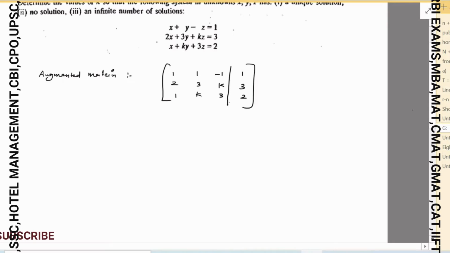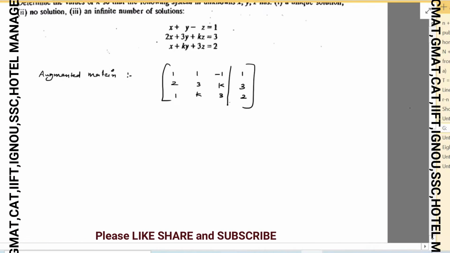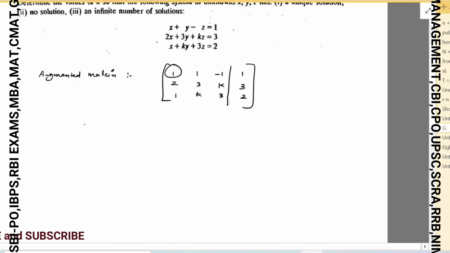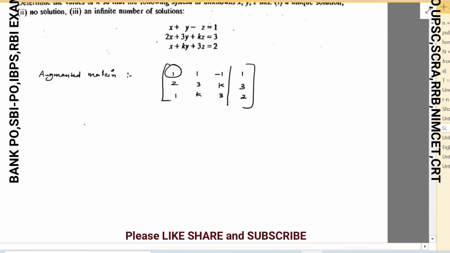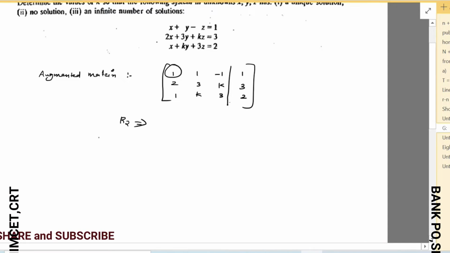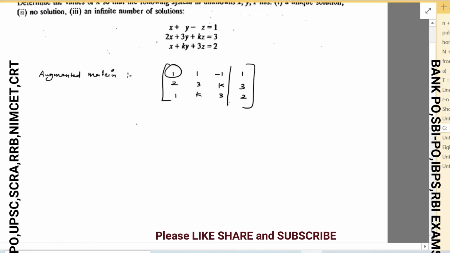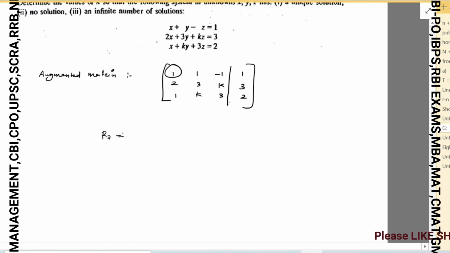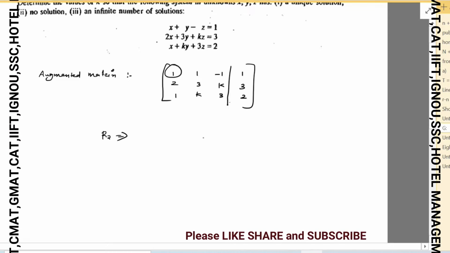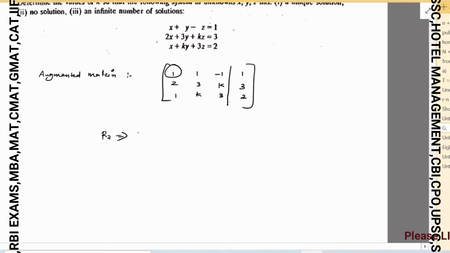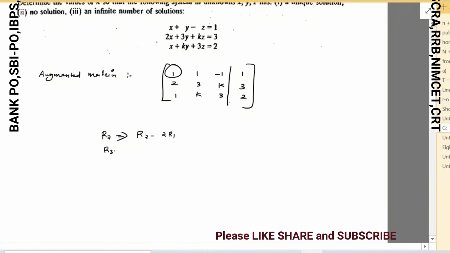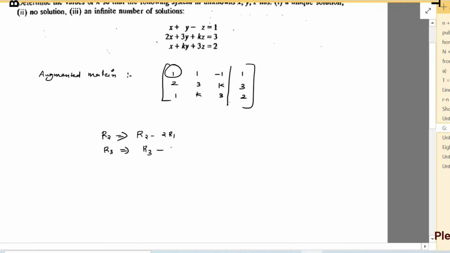Now we need to reduce this matrix into echelon form. So which operations can we use? We will mark the first leading coefficient and make the entries below it 0 using the first row. So R2 changes to R2 minus 2R1 and R3 minus R1.